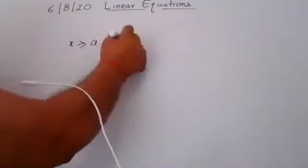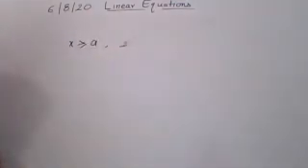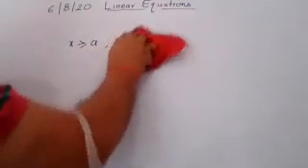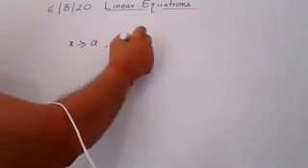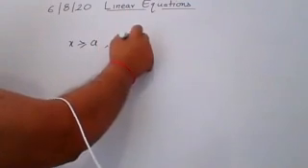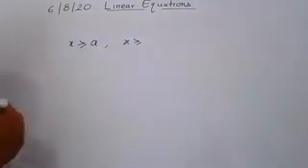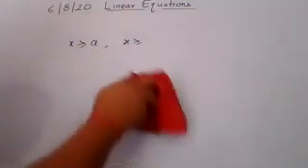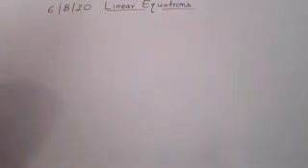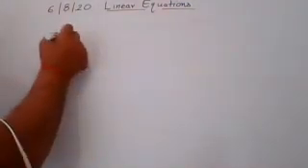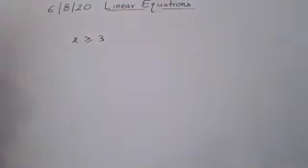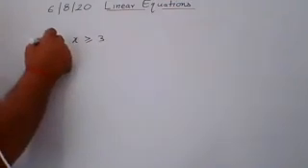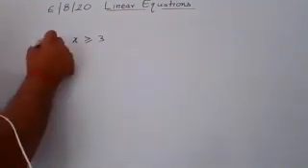Here I give you some number so the concept is clearer: x is greater or equal to 3. Suppose here you have first, x is greater or equal to 3.